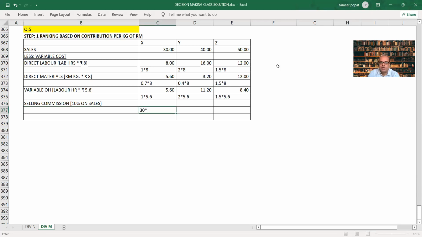So it will be 30 into 10%, 30 sales into 10% will be sales commission. Here it will be 40 into 10%, and here it will be 50 into 10%.